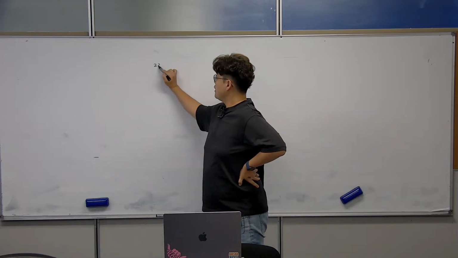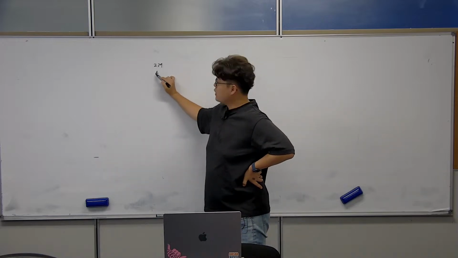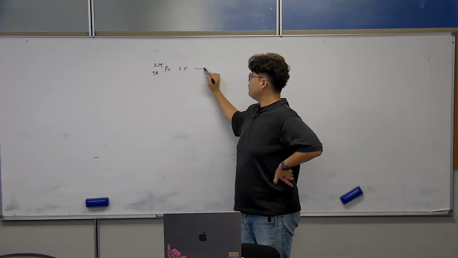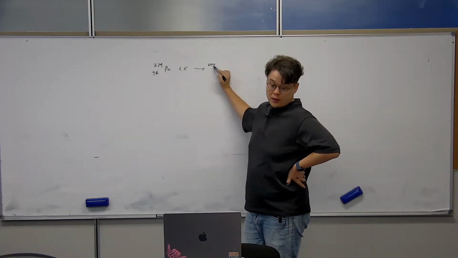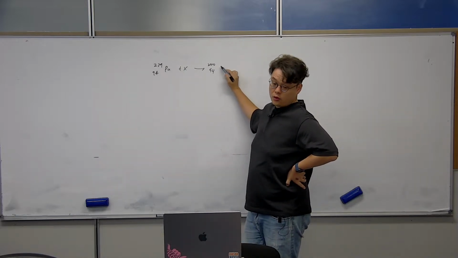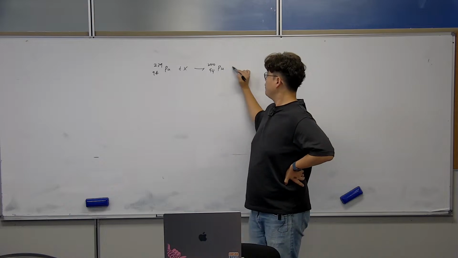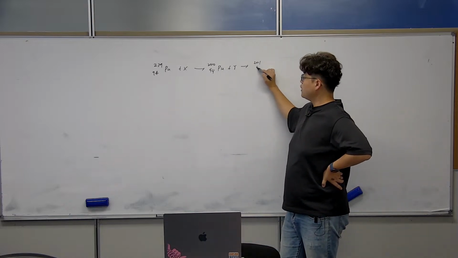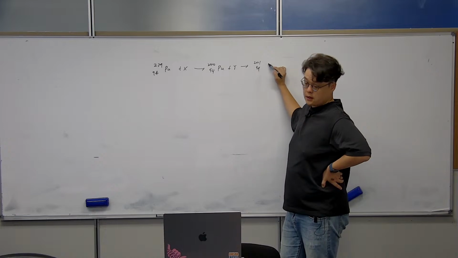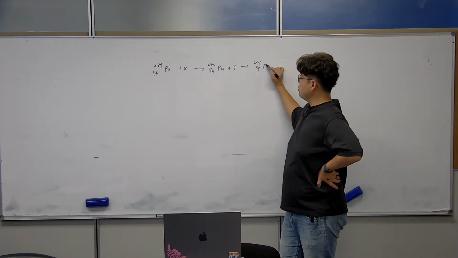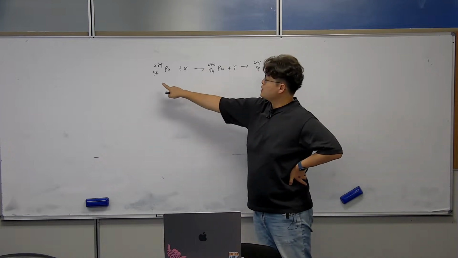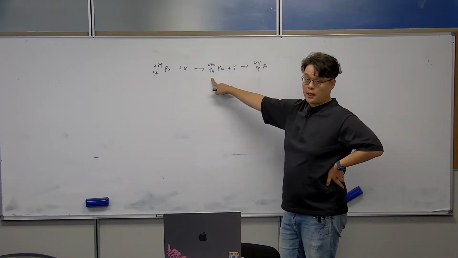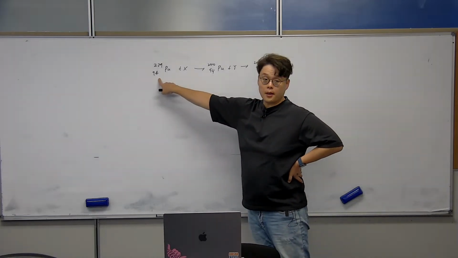So 239, 94 Pu plus X is making 240, 94 Pu, plus Y is making 241, 94 Pu again. So what you see there is it's increasing the mass number only, without touching the atomic number.